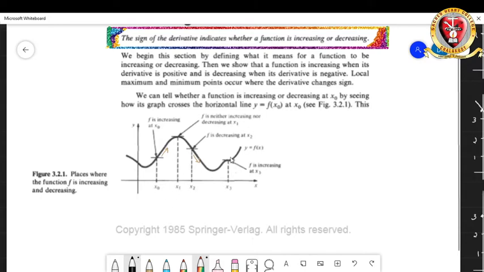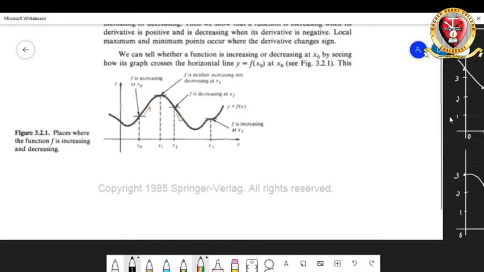It seems to be like that, but it is not, because here the function is going like this and then the function is going up. That means the function is increasing at x3. So that's how we can infer from this figure which is given.